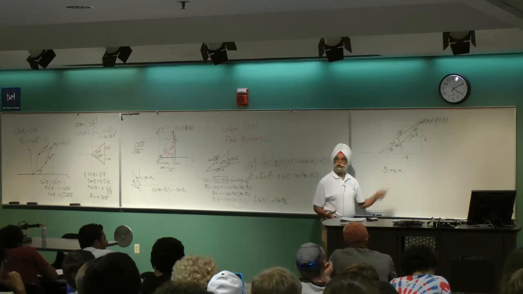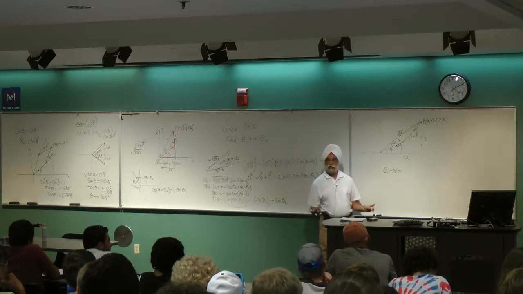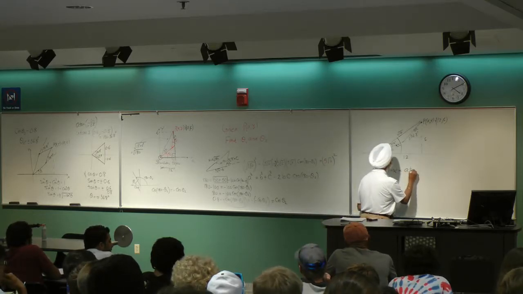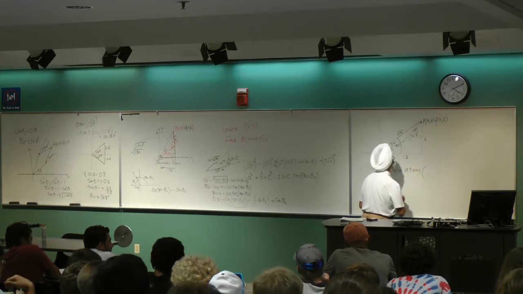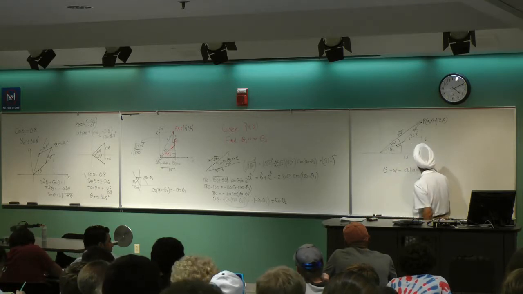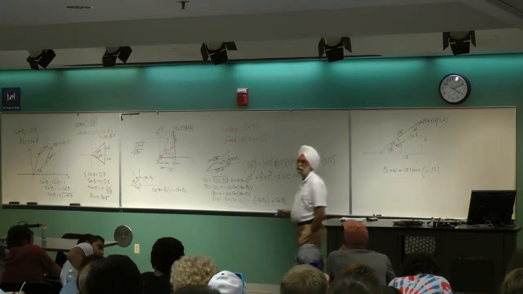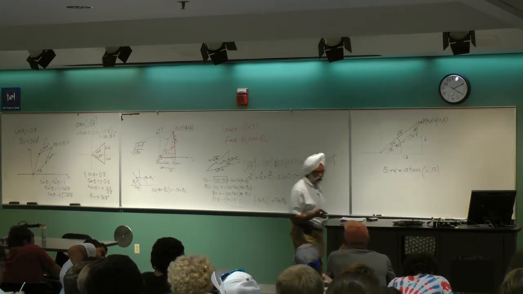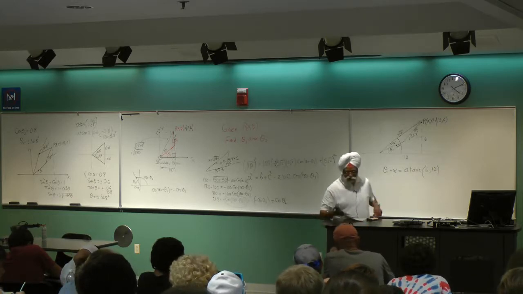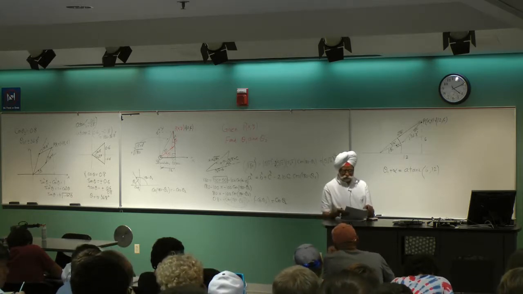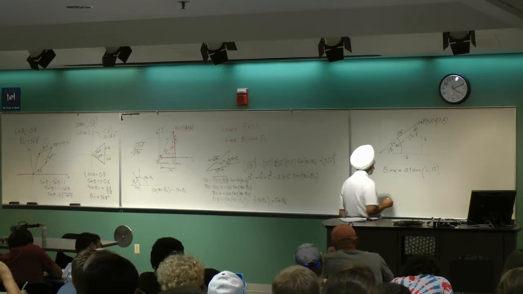Since you are in the first quadrant, you can use arctangent, or always use atan2 of 6 comma 12. If you do that, this angle is going to come out to be 26.57 degrees.